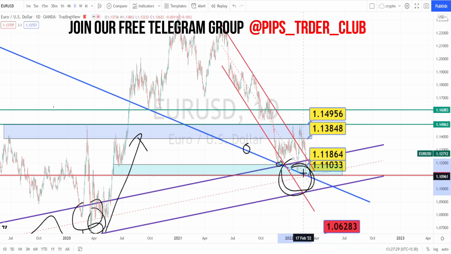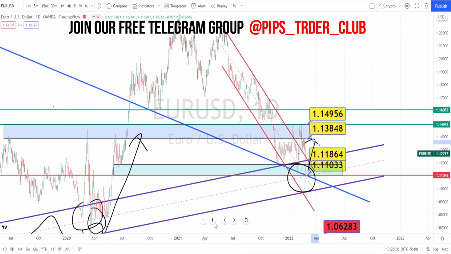Let us wait and see if the price action breaches this support area or not. If it breaches this support area, the next level of support is going to be around 1.06283. As long as the price doesn't breach this support zone, we can expect a bullish trend reversal to happen in this currency pair.